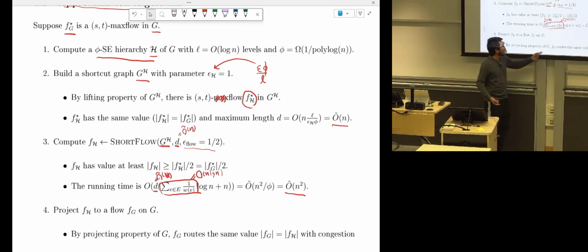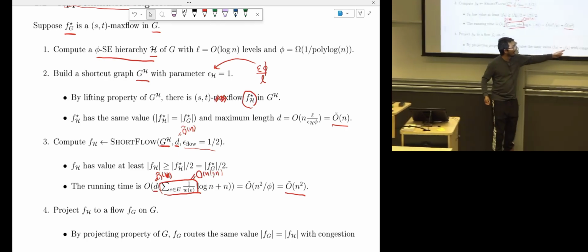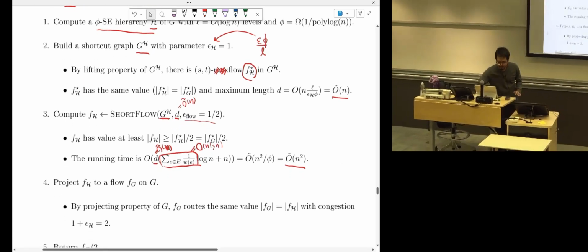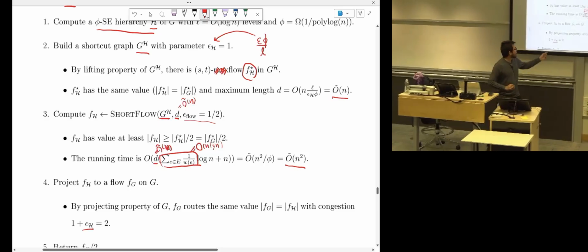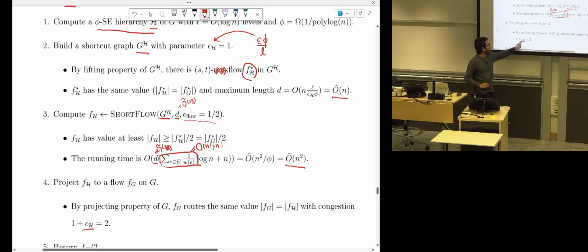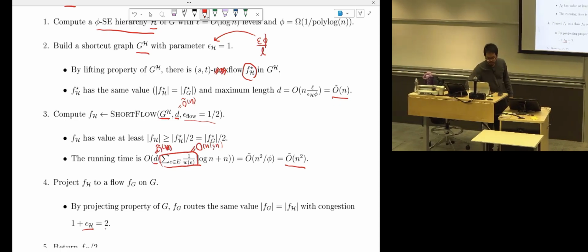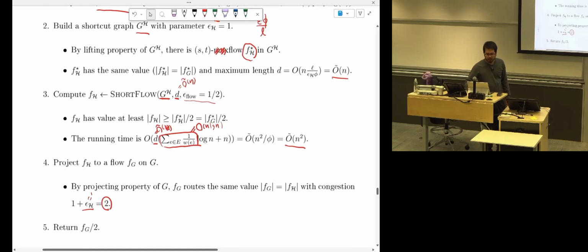So F routes the same value with congestion 1 plus epsilon, where epsilon is that of the shortcut hierarchy. I set this to be 1, so this is just 2. So then I can return this thing.